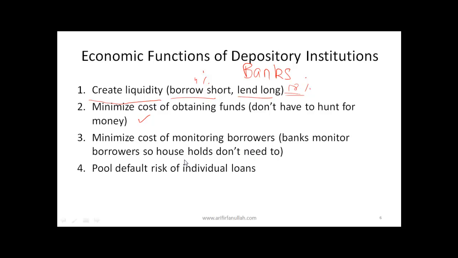So banks monitor borrowers so households don't need to. Now, as you notice in all this, banks are also referred to sometimes as financial intermediaries. So in essence, what is happening is you have your bank in the middle. You have people like us who are depositors. So all of us are putting our money in the bank.